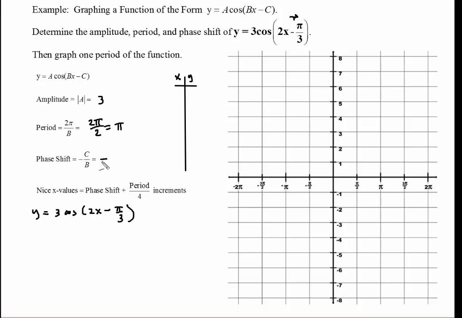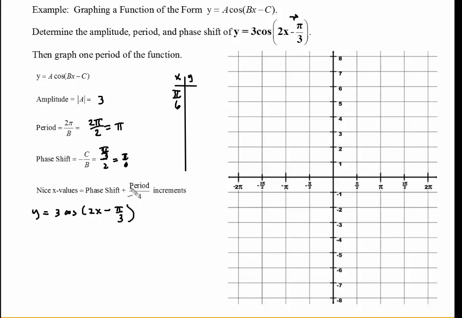So this sign here, I wouldn't worry too much about, but C is going to be pi over 3, and then that's the C number over the B number, which is 2. So it would be pi over 6, a pi over 6 shift to the right. So that's where I would begin my shift here. So again, minus right, plus left.